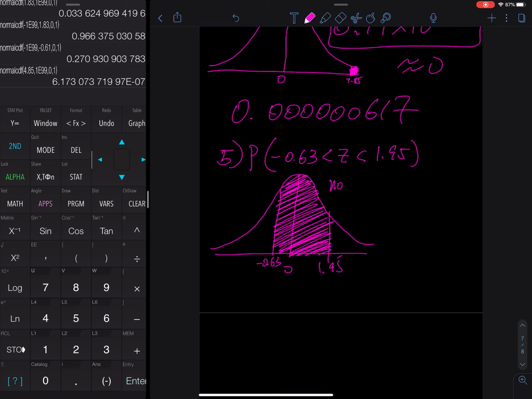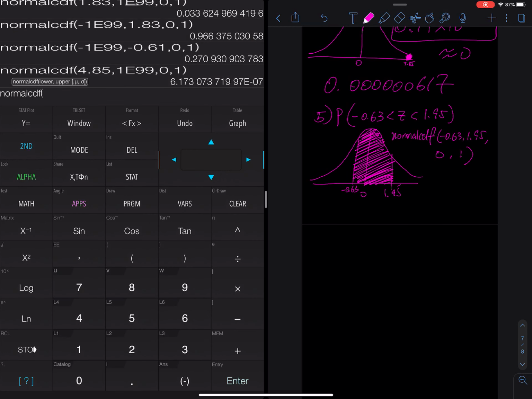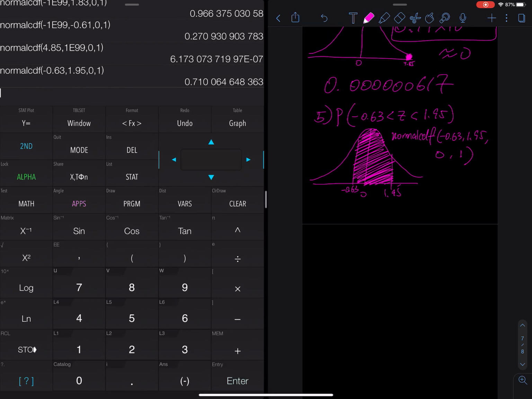Normal CDF from negative 0.63 to 1.95, mean is 0, standard deviation is 1. And then you go here, right? Second VARS, normal CDF, negative 0.63 to 1.95, the mean is 0, standard deviation is 1, enter. So the probability is 0.7101. All right.